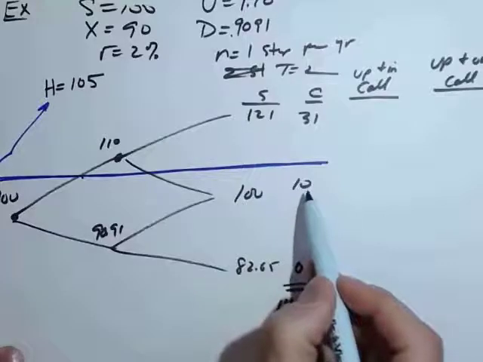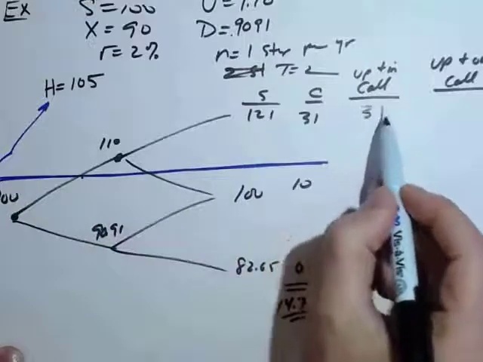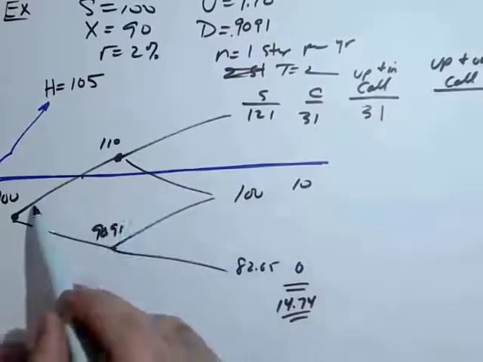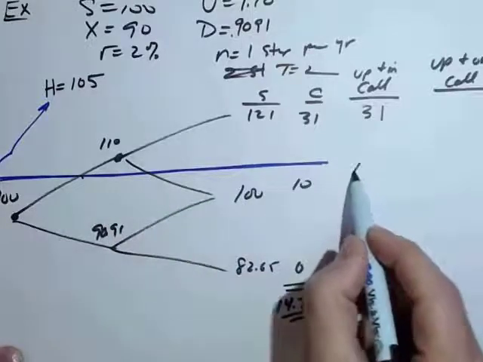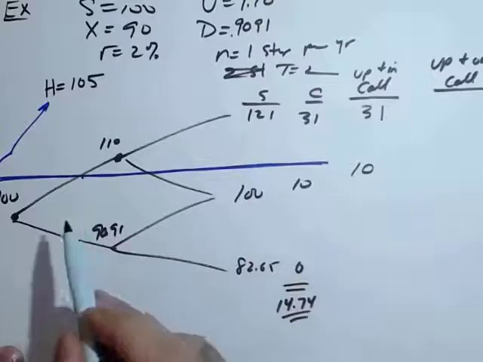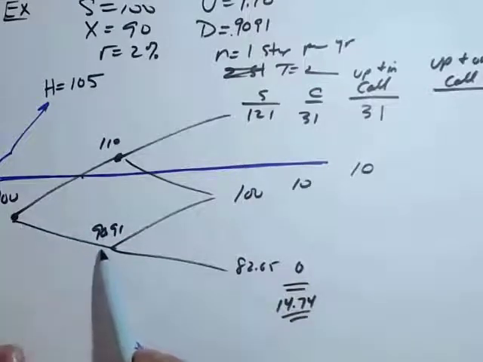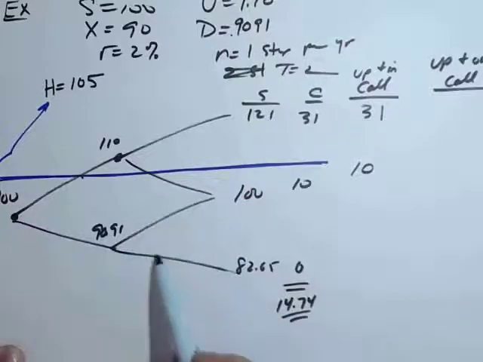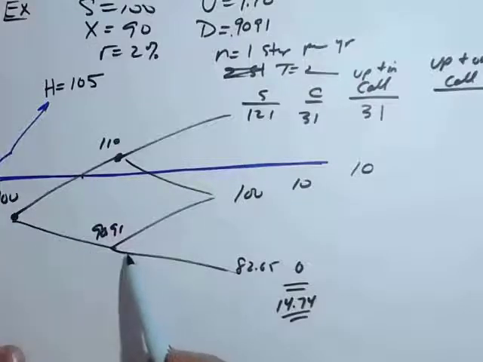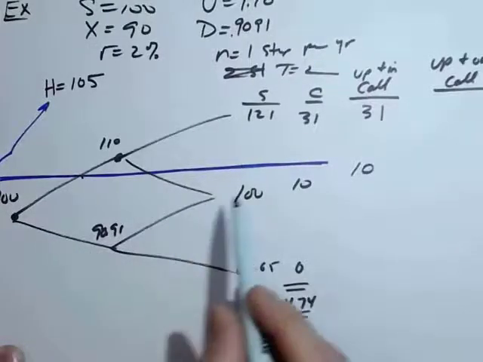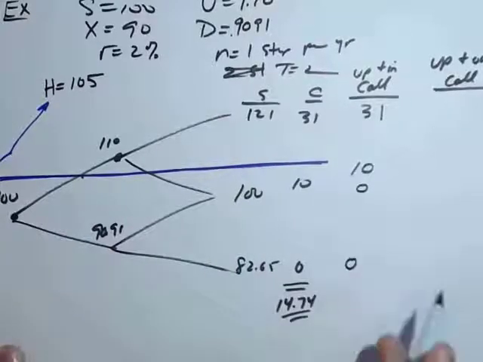And if the option drops and never breaches the barrier in these two branches, it never becomes alive, so the payoff is 0 on each of those paths.